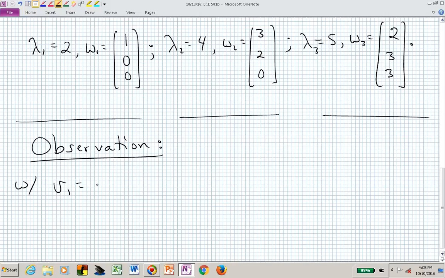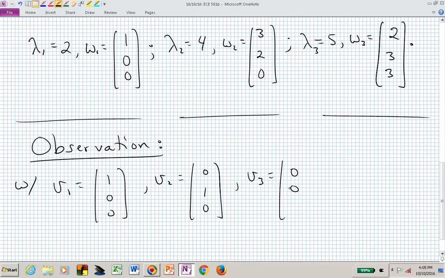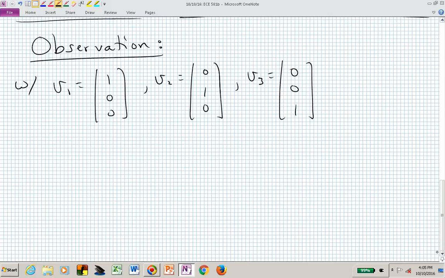Here V1 is 1, 0, 0. That's our first basis vector. V2 is 0, 1, 0. And V3 is 0, 0, 1.